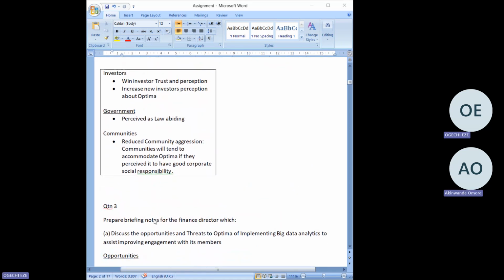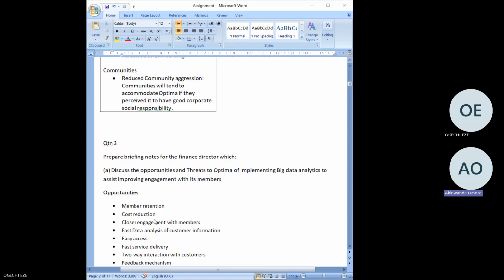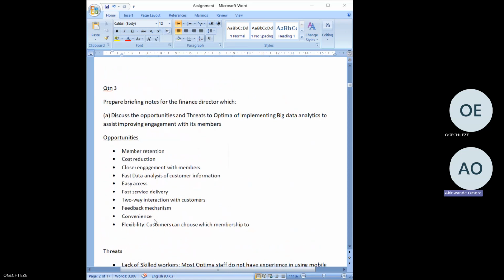So it's better you learn the rope of how to get the answer from the case. Before you start dancing to the answer, we go back to the question again. Look at what they say. You have just attended a meeting on behalf of the finance director with several of Optima's senior management team.